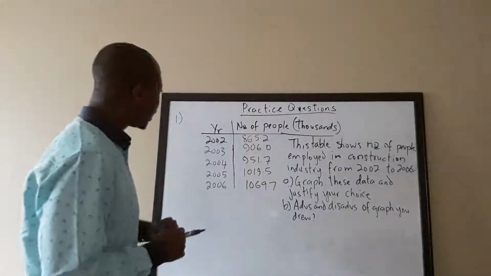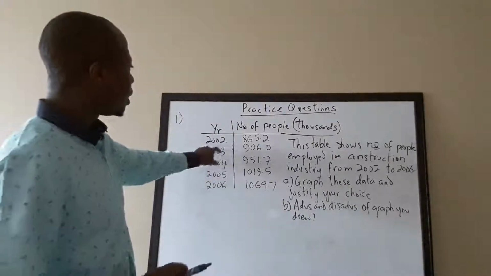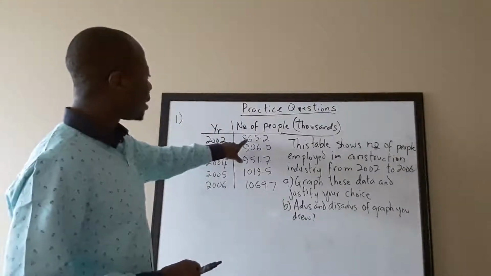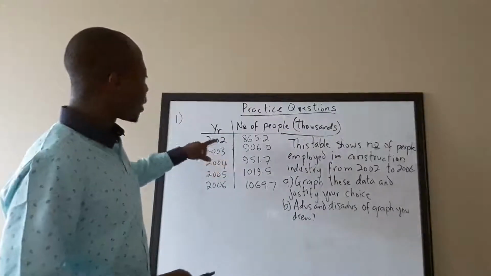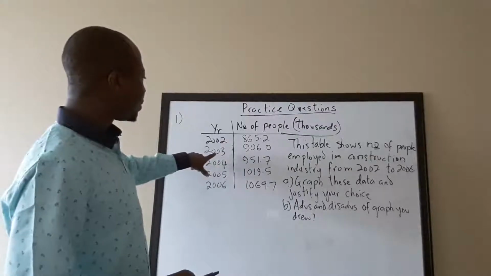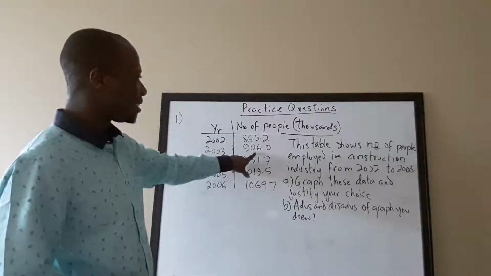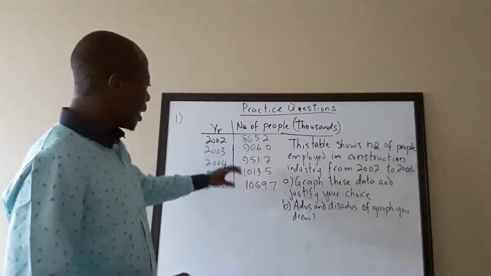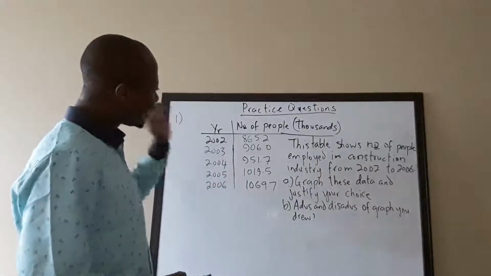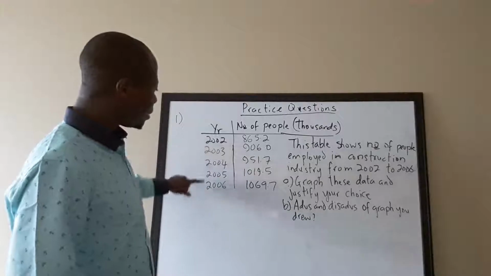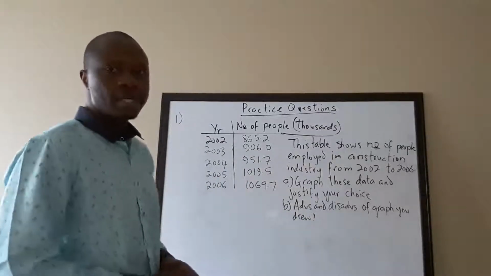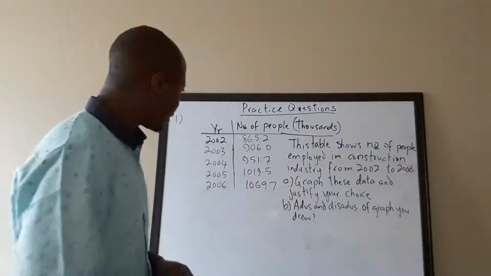So we can see here that in 2002, there were 865,000 people working in construction. In 2003, it is 906,000 people, and so on and so forth. So we can see an increase from year to year, from 2002 to 2006, over the span of 5 years.